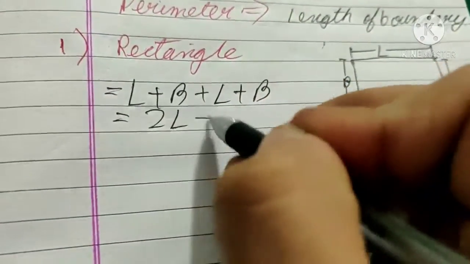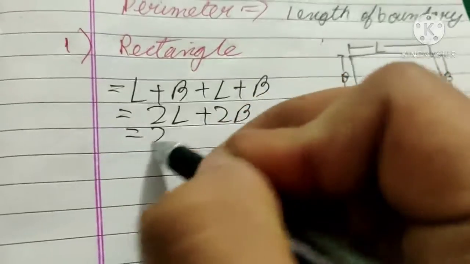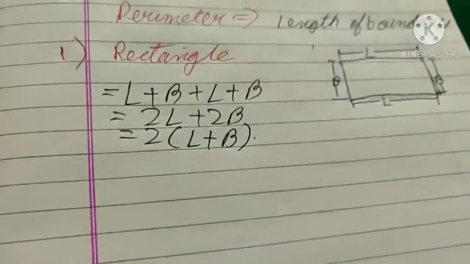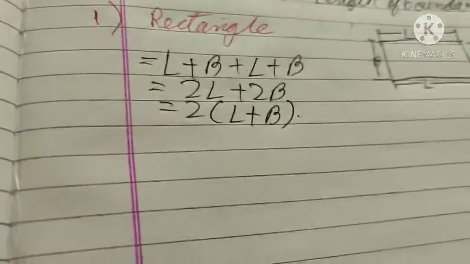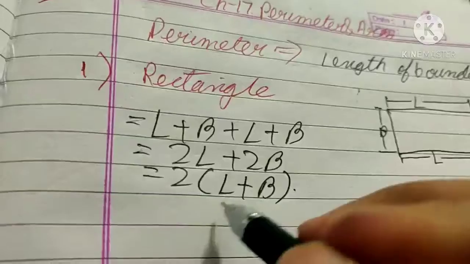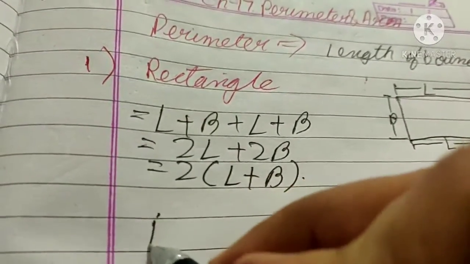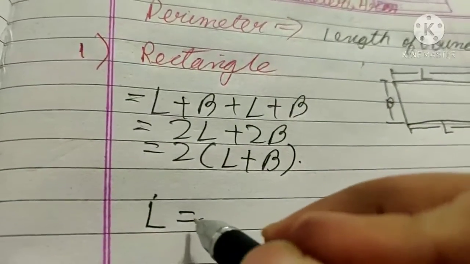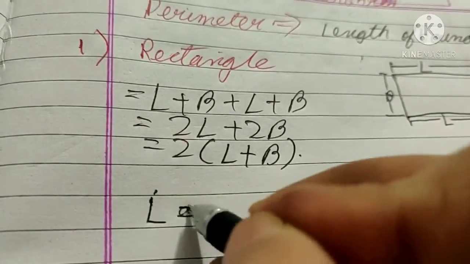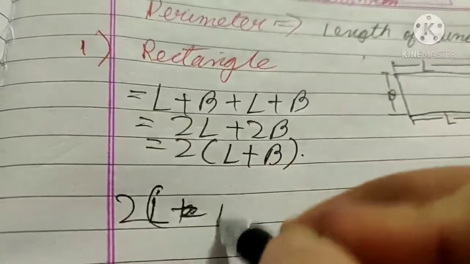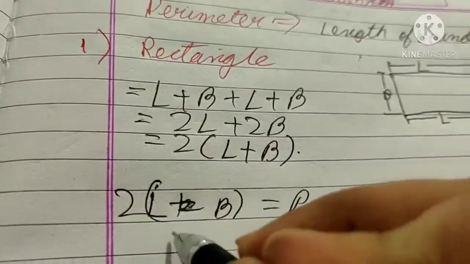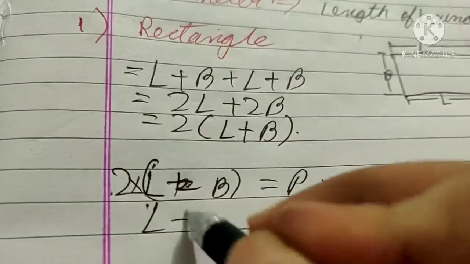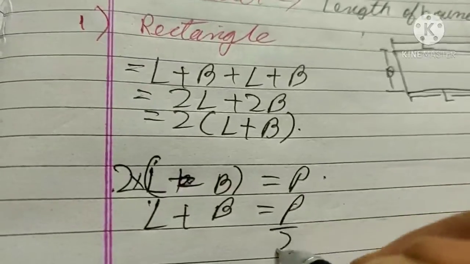So 2L plus 2B, that is 2 times (L plus B). This is the formula for the perimeter of a rectangle. Or you can also do it one more way. If you have to calculate the length, the formula was 2(L plus B) equals P. The 2 is multiplied, so it will go in divide here: L plus B equals P by 2.